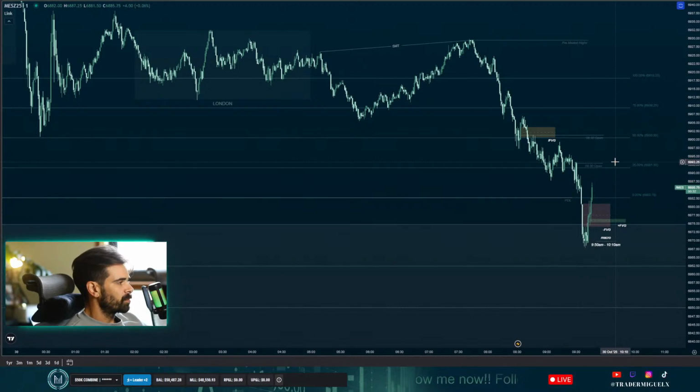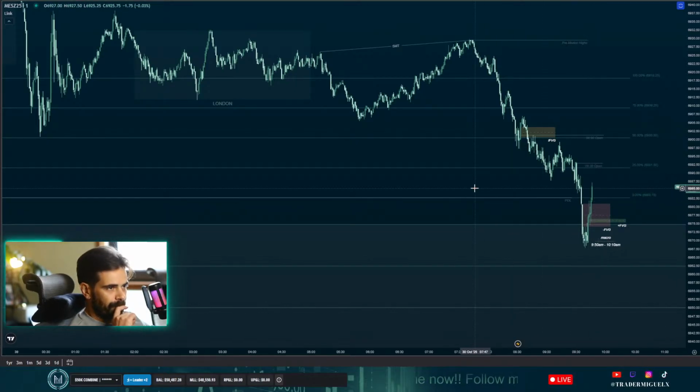So far, price reacting heavily here on the NWOG.